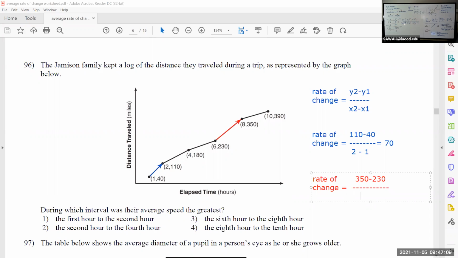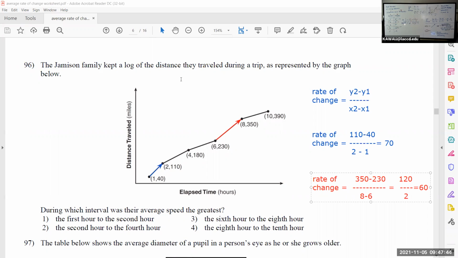And then we have 8 minus 6. So that is 120 divided by 2 equals 60.